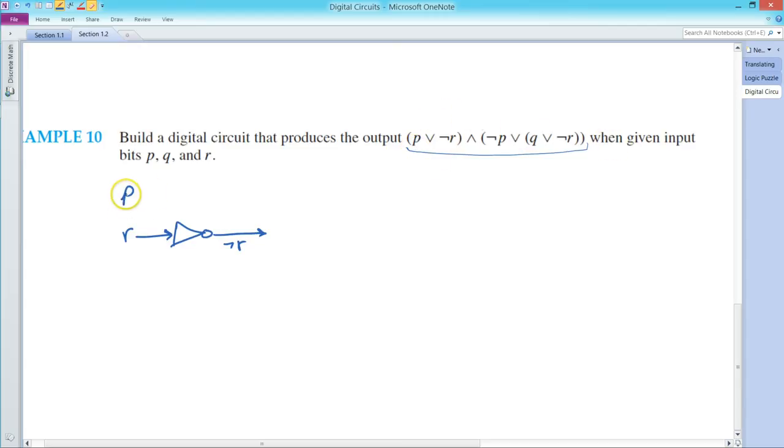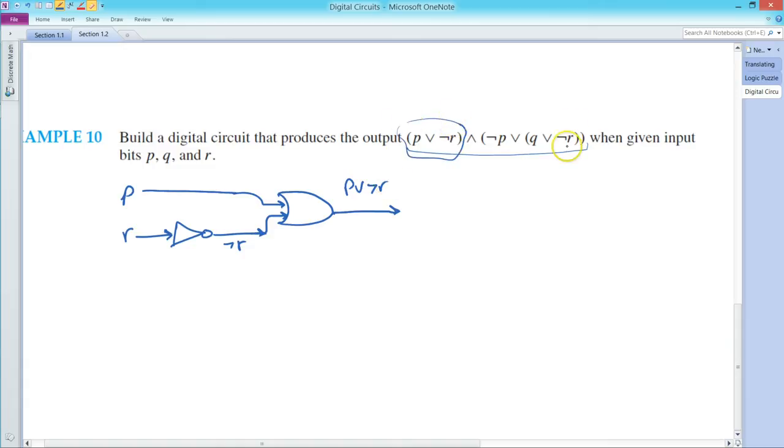So let's calculate that. P is going to be fed to the next operator here, which is the OR operator. The OR is represented by this gate. So P is going to be fed over here, and not R is going to be fed over here. And what comes out is P or not R. So I have basically covered this first part.